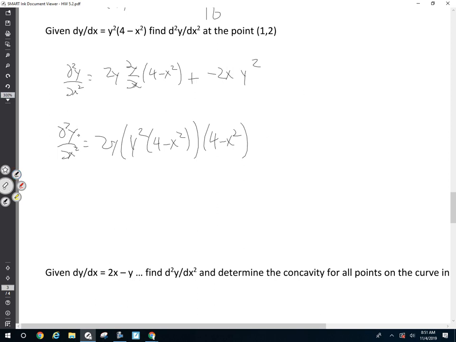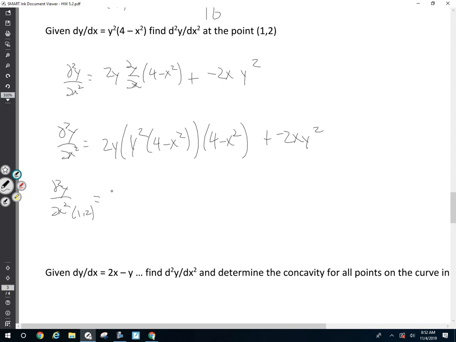Be ready to write it in this form, in terms of x and y form, but this is fine. So this is 2y times dy dx times x squared plus negative 2xy squared. And let's evaluate this at 1, 2.